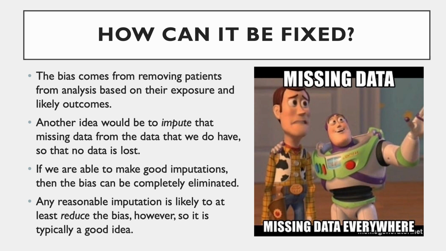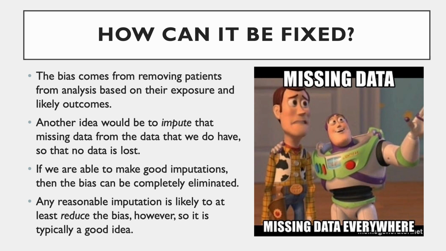So how can this be fixed? Because the bias comes from removing patients from analysis based on their exposure and outcomes, one thing that we could consider would be to impute the data that we had lost, meaning we can guess at what the data would have been.